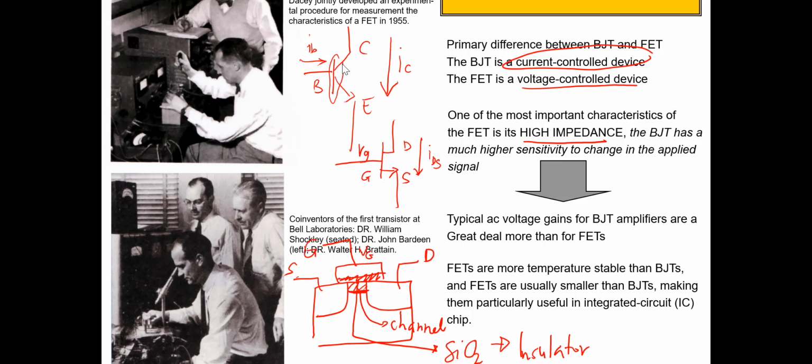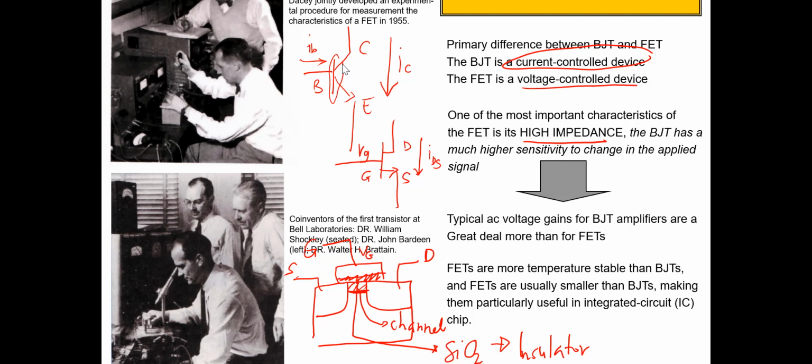So it's just an option. If you want a high gain amplifier with lower sensitivity, maybe it's like a trade-off. You can choose the BJT, you will get the higher voltage gain, but the sensitivity is higher. But if you choose the FET, the voltage gain is not as high as a BJT, but the sensitivity is lower.